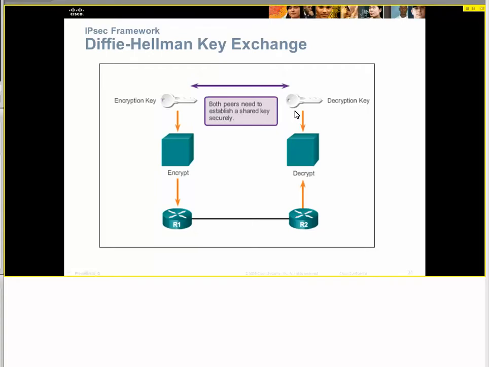Now router 2 will have the encryption key for router 1 and vice versa, which will then allow us to encrypt, transmit, and decrypt. Now, this allows us to create the shared key. The shared key will be encrypted, transmitted, decrypted, and then vice versa. And after a few minutes, now we have a shared key. Once we have a shared key, the Diffie-Hellman exchange is complete.